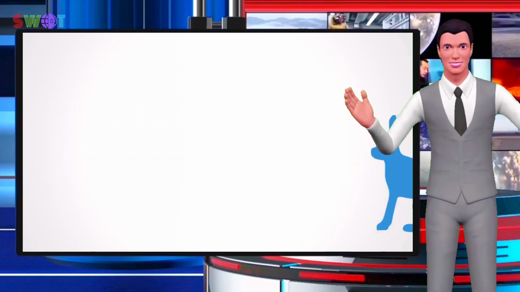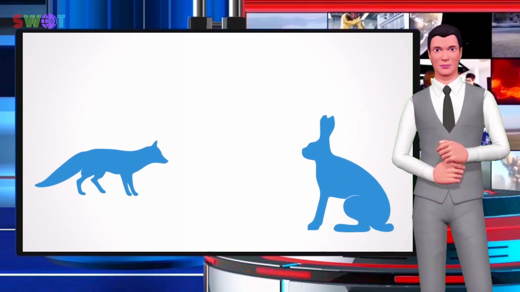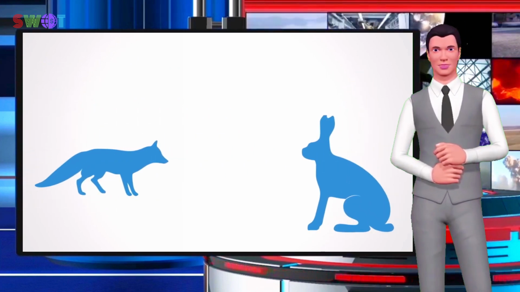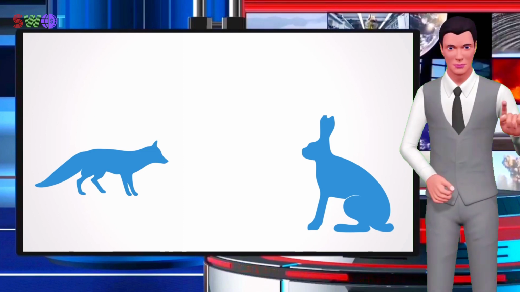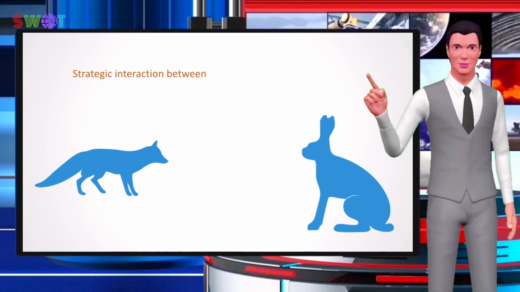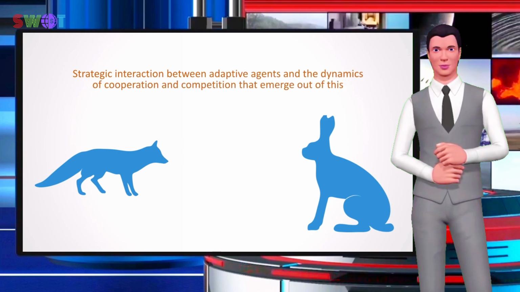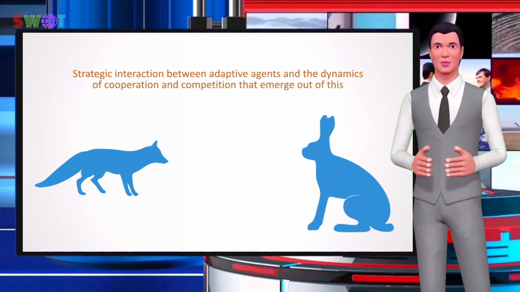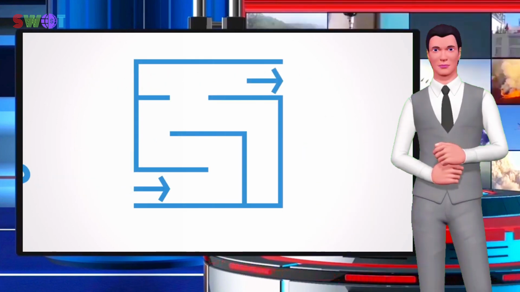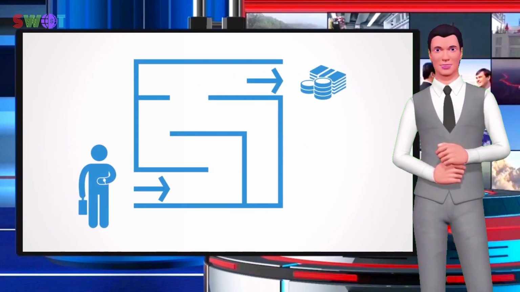One aspect of this is using the models from game theory to design these incentive systems. Game theory is the study of the strategic interaction between adaptive agents and the dynamics of cooperation and competition that emerge out of this. A much more recent extension of this is mechanism design.